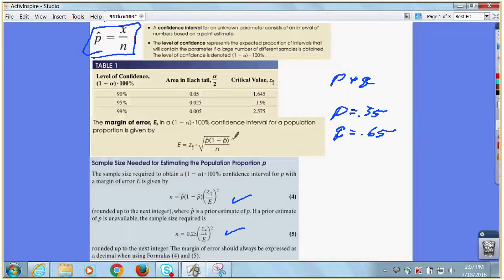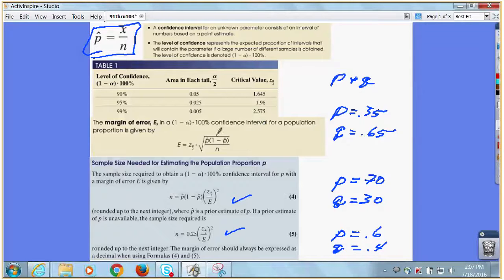So when you see this 1 minus P right here, that's just Q. So if you have a P equal to 70, then Q is equal to 30. Okay, if you have a P is equal to 0.6, then Q is equal to 0.4. All right, that's all it is.